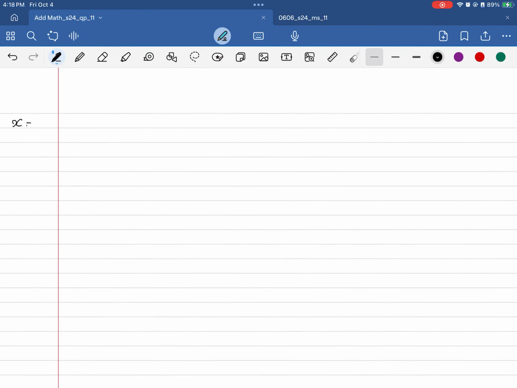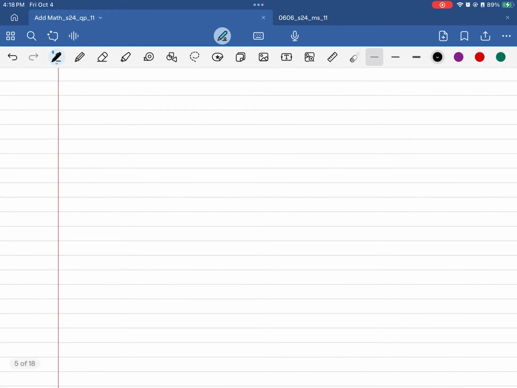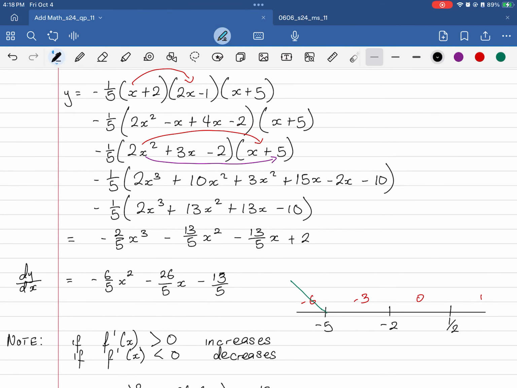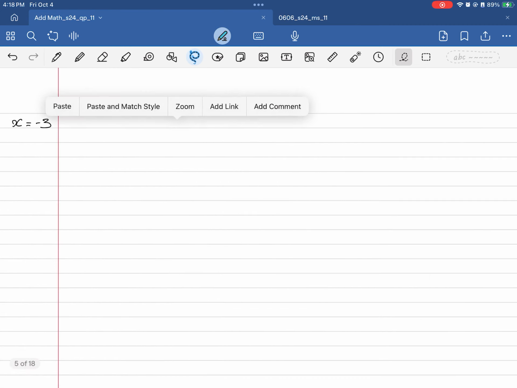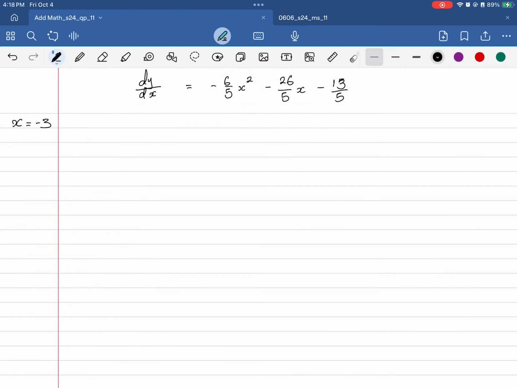Minus 3. So I'm going to copy this so I don't have to go back and forth. Copy, paste. I'm going to paste this up here. Okay. So you'd have minus 6 over 5 times minus 3 squared minus 26 over 5 times minus 3 and minus 13 over 5.